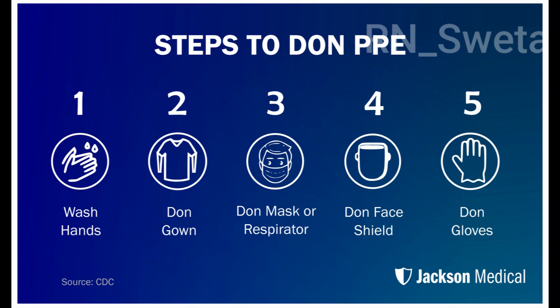So PPE also has a specific guideline as to how to step by step don the PPE and how to step by step remove the PPE in order to prevent the transmission of diseases from the patient to yourself or from yourself to the patient as well. So guys, let us first learn how to don the PPE kit. The first thing during the donning is the gown.